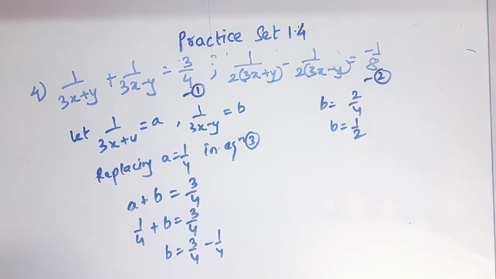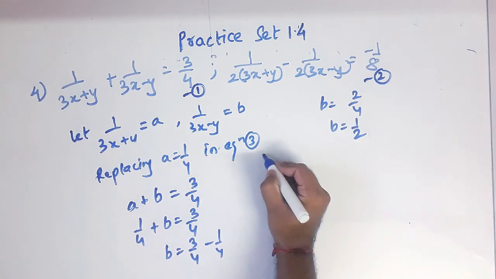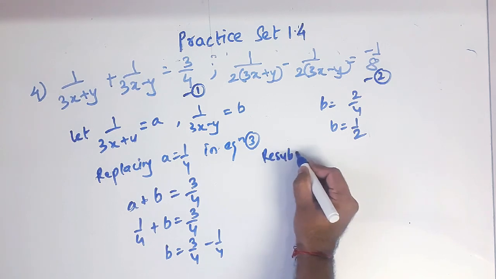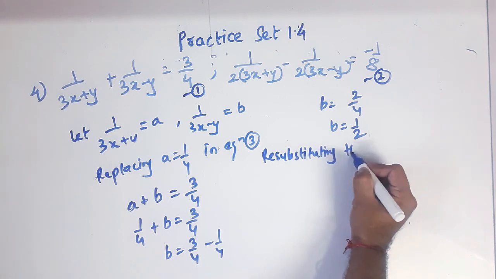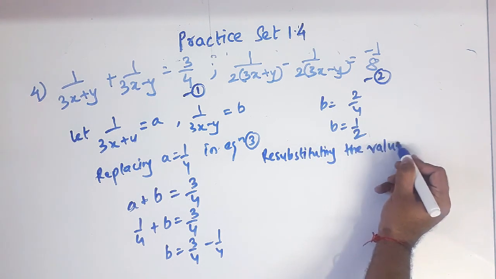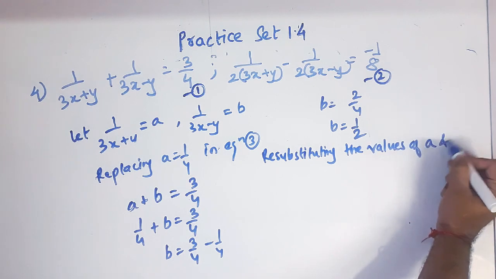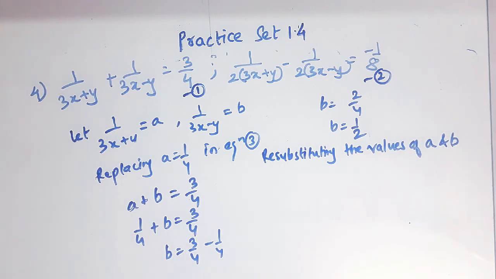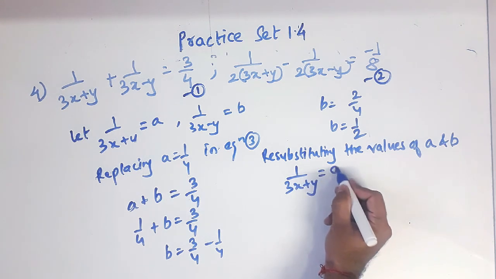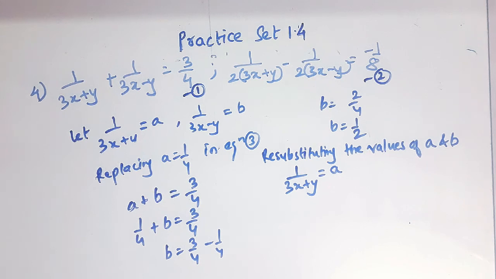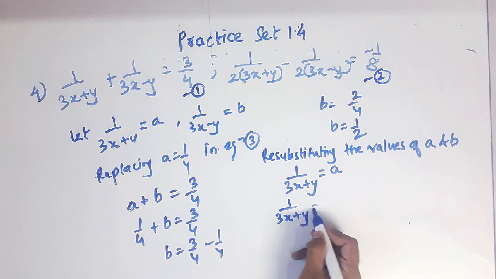So what is our most important step now? Our most important step is resubstituting the values of a and b. Okay, so 1 upon 3x plus y equals to a. I'll write this 1 upon 3x plus y equals to 1 upon 4.